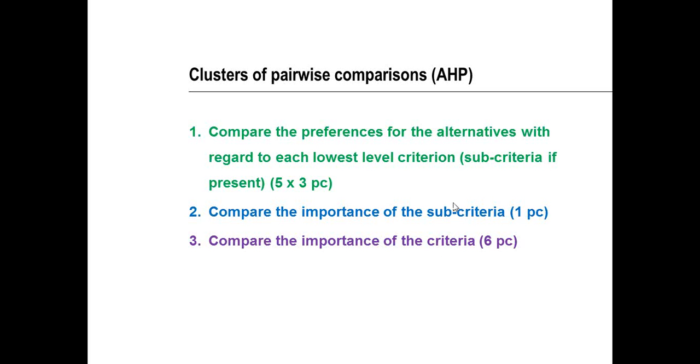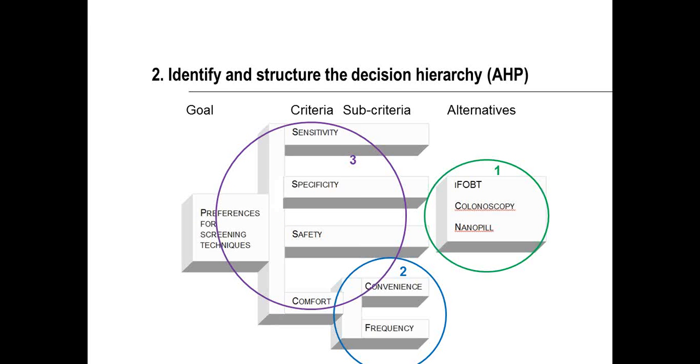And then you want to know, well, how important are then these different criteria? And then you start with comparing the importance of the different sub-criteria. And then as a last set of pairwise comparisons, you are comparing the importance of all the different main criteria. So if you look at the decision structure here, you start with comparing the alternatives for each of these lowest level criteria.